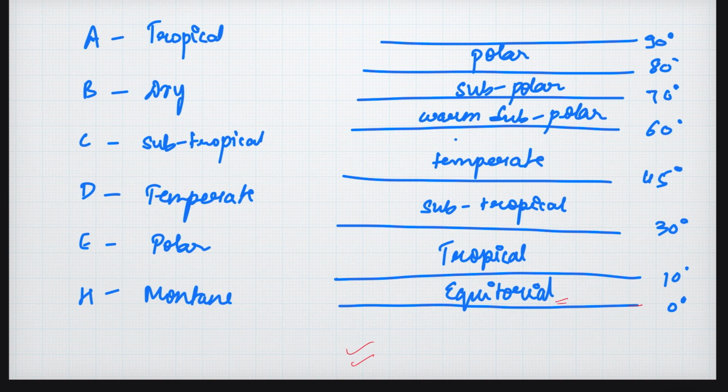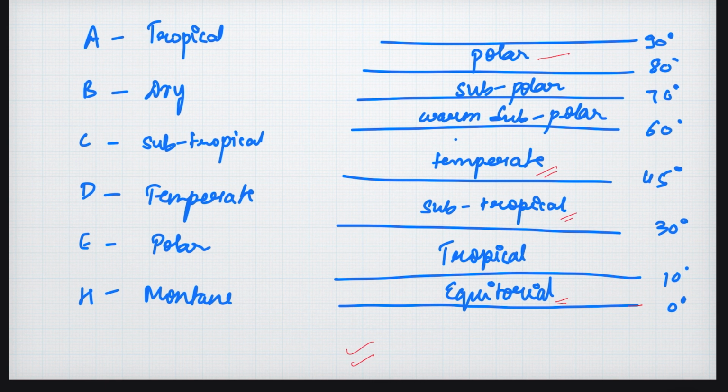From 10 degrees to 30 degrees, it is tropical type of climate. Then 30 to 45 degrees, we say it is subtropical. Now subtropical means the prefix sub represents it is a type of tropical climate. It is not exactly tropical, but something like tropical. Then 45 degrees to 60 degrees, we will have temperate type of climate.